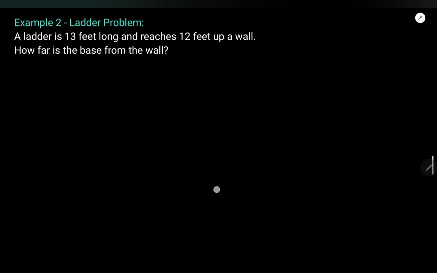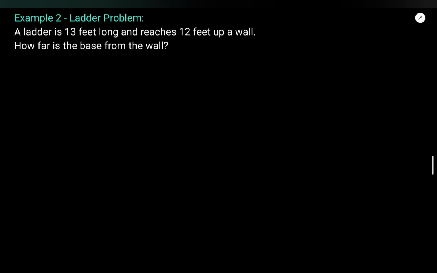So next we have the ladder problem. A ladder is 13 feet long, and reaches 12 feet up a wall. This is the ladder, this is the wall. How far is the base from the wall?